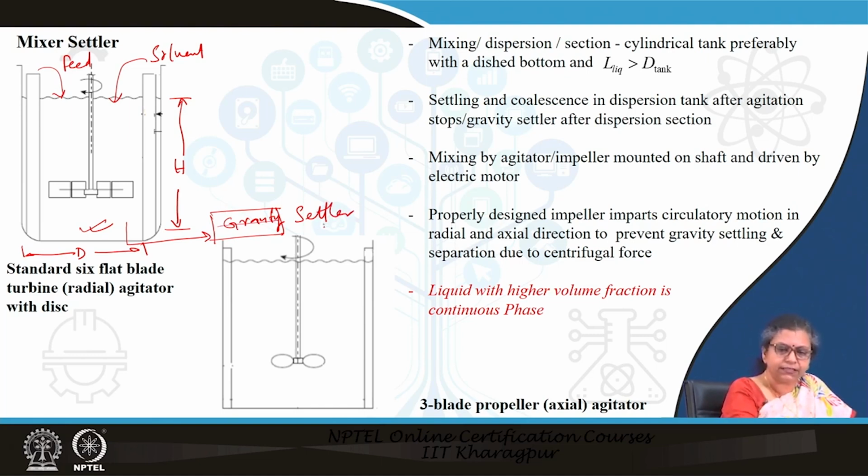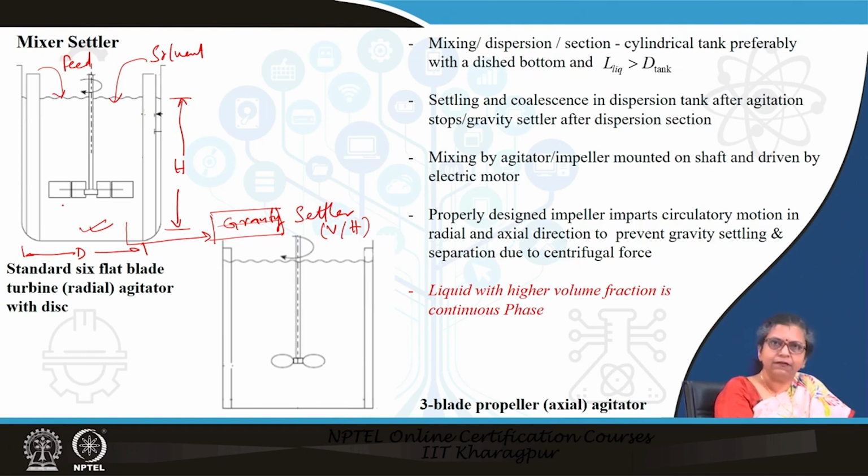This gravity settler can be either a vertical or a horizontal tank, and generally we try to ensure that the inlet velocity is not very high, so that there are not a lot of interfacial disturbances which would hinder the separation.